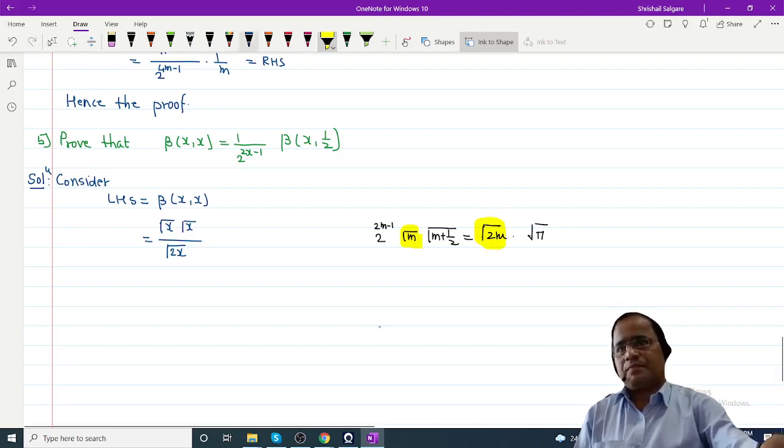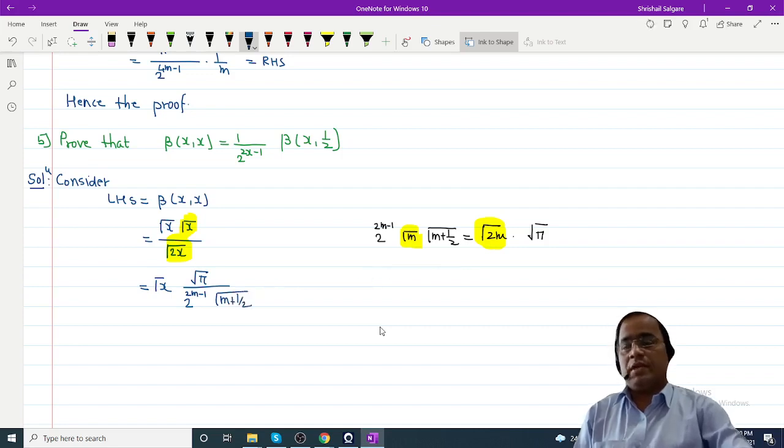Therefore it can be written as gamma x as it is, and for the highlighted term I will write root pi divided by 2 raised to 2m minus 1 into gamma of m plus 1/2.